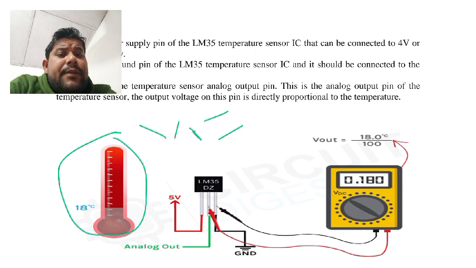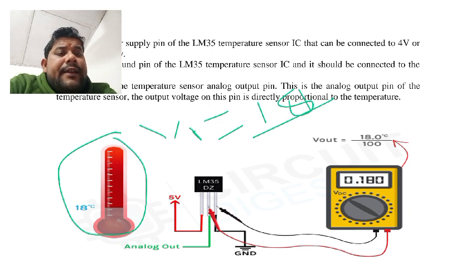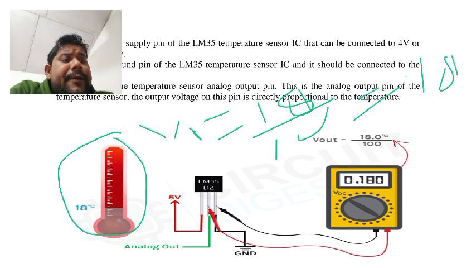We want to change this temperature into electrical voltage. If the temperature is 80 degrees, then 80 divided by 100 with the 5 volt power supply gives an output of 1.8.